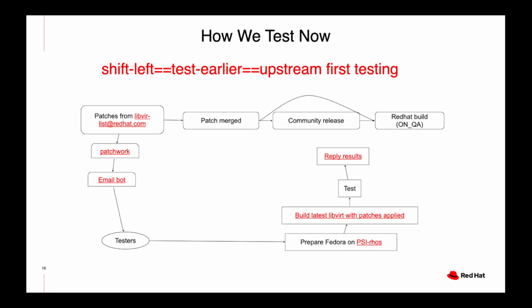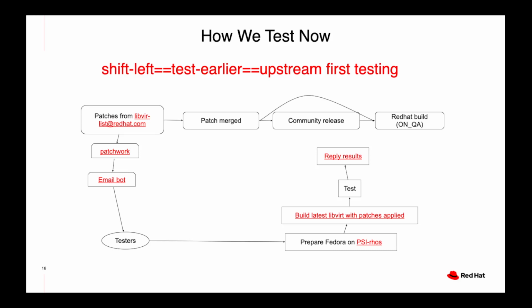The workflow is quite simple. As shown in this page, it starts with a patch posted to upstream code. Then it will notify the tester. The tester will prepare one test environment and build one libvirt component with the patch applied.